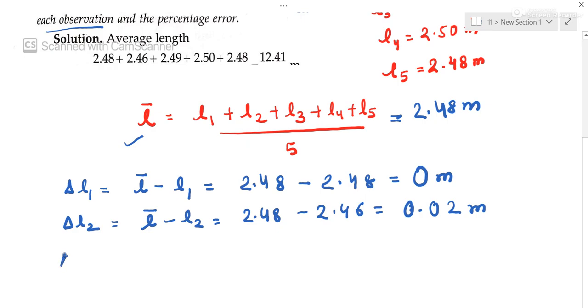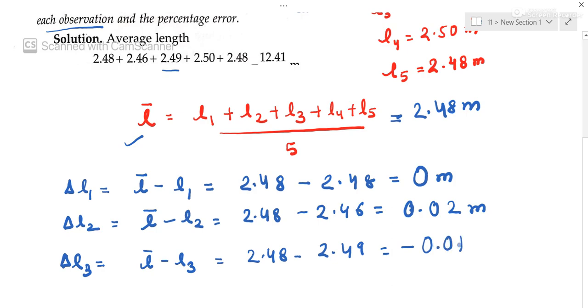Similarly, you can find the third value. Error in the third value is mean value minus third value. So it is equal to 2.48 minus the third value 2.49. Just keep in mind that this time it will come as minus 0.01, but we will take it positive because it is all modulus.